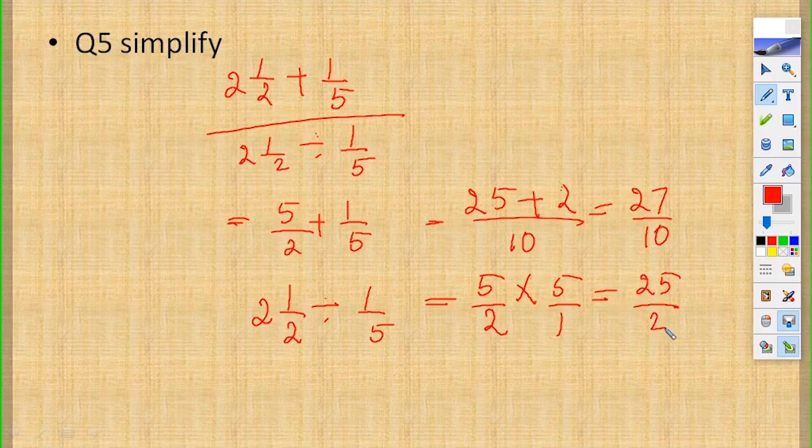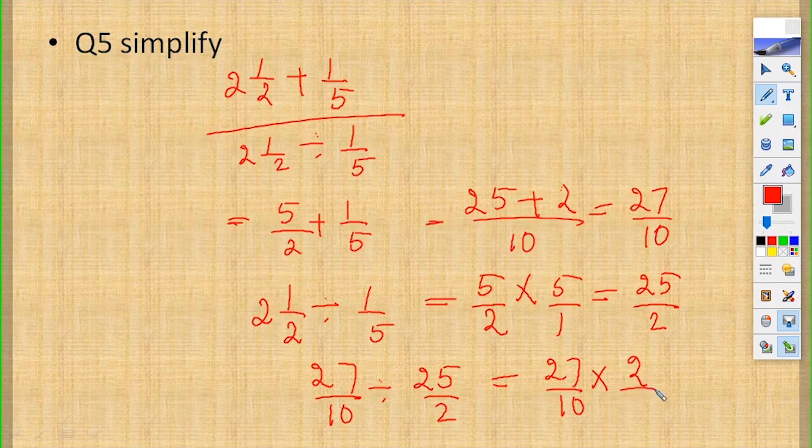Now I will combine 27 by 10 divided by 25 by 2. Again I'll take the reciprocal of 25 by 2. So I'll get 27 by 10, I'll write the reciprocal. I will cancel this 5 and 10. I'll get 27 by 125.